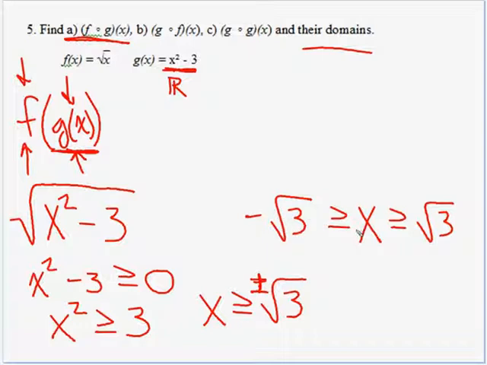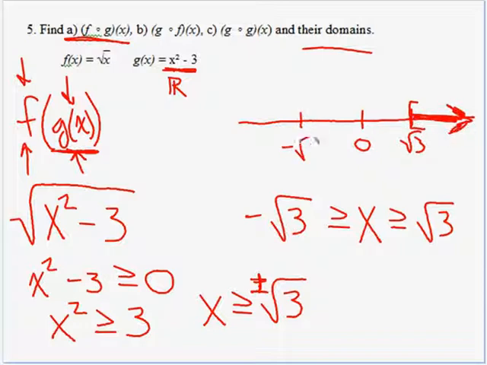Negative radical 3 must be greater than x. So if here's 0, and here's radical 3, we have to be greater than or equal to that. And over here would be the negative radical 3. We have to be less than that, or this negative radical 3 has to be greater than x.